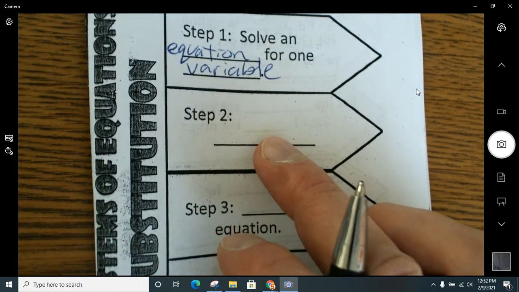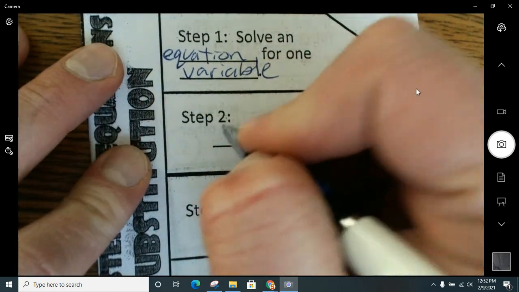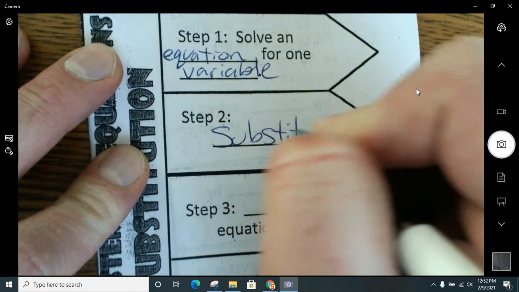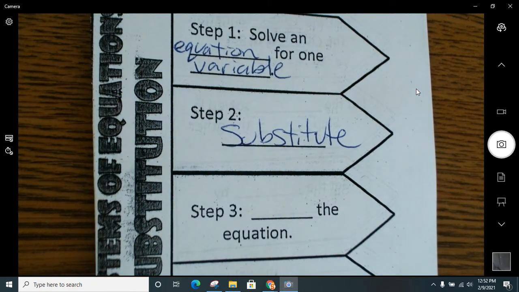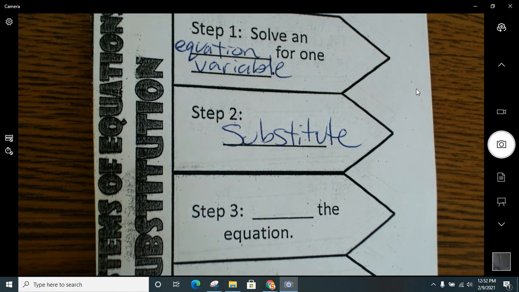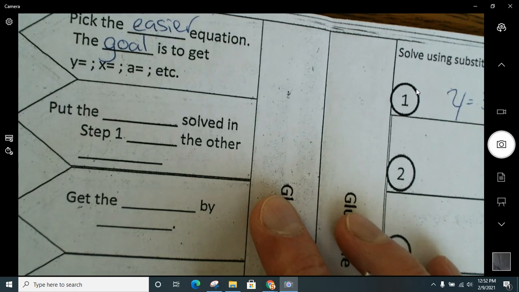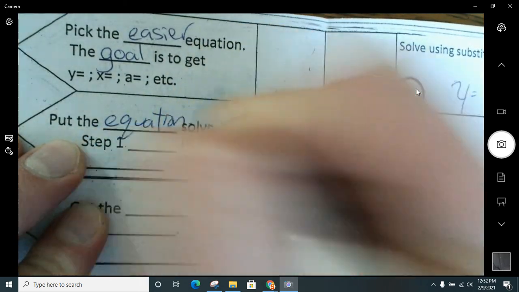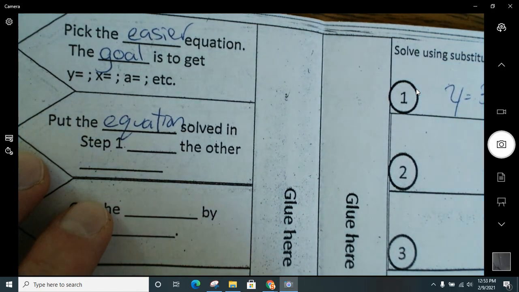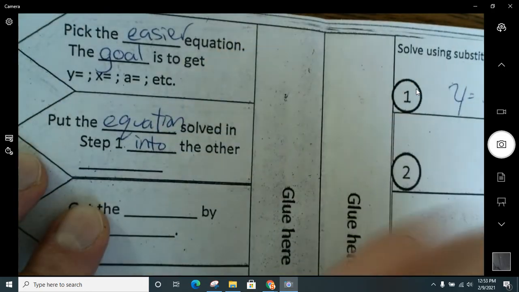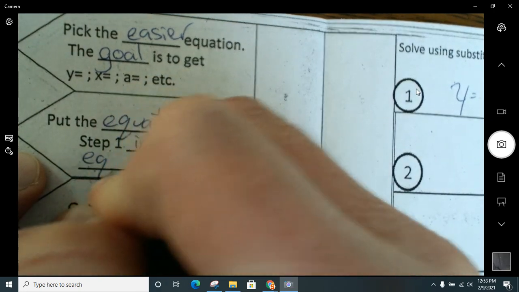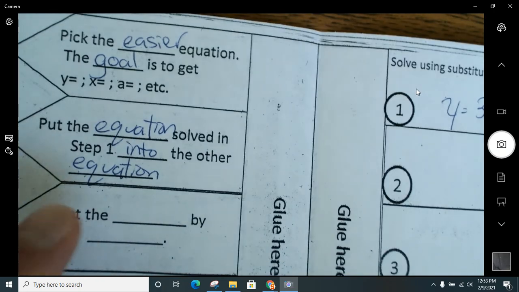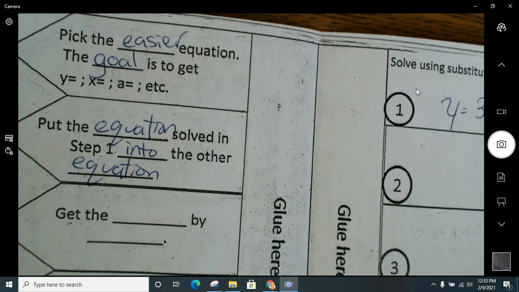Step two, we are going to substitute. And we are going to put the equation solved in step one into the other equation. It sounds a little silly there, but you're going to see pretty quickly that this is our substitution step.